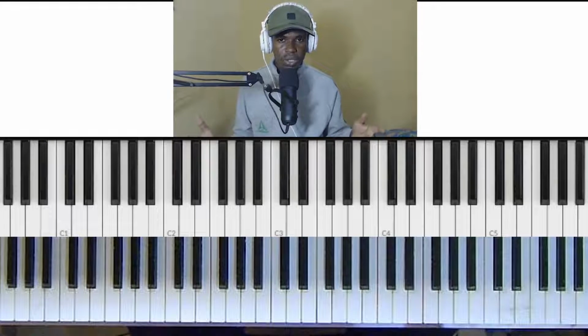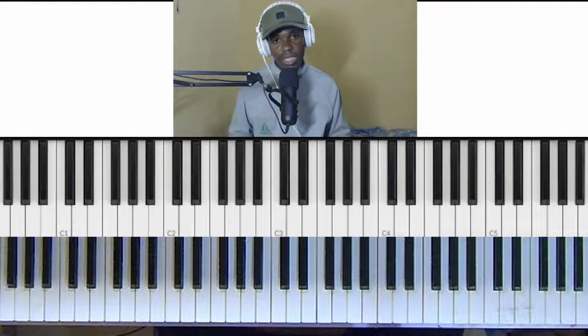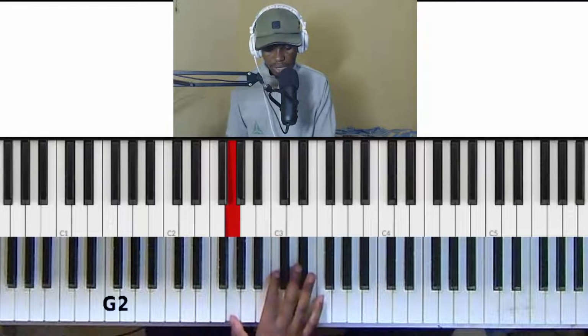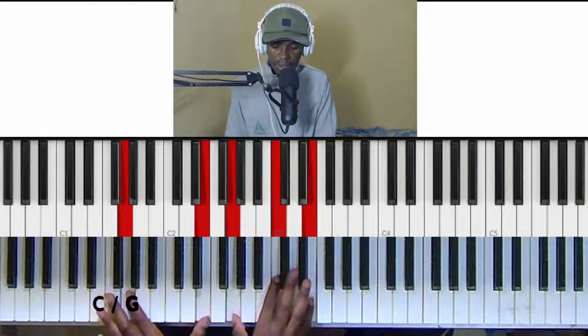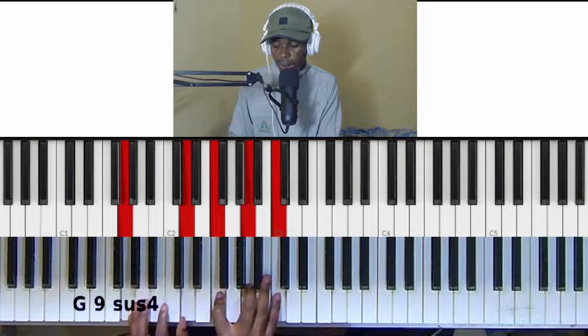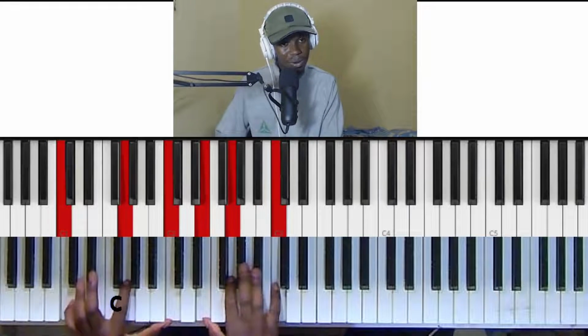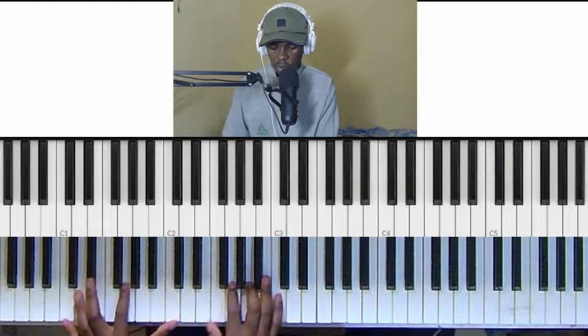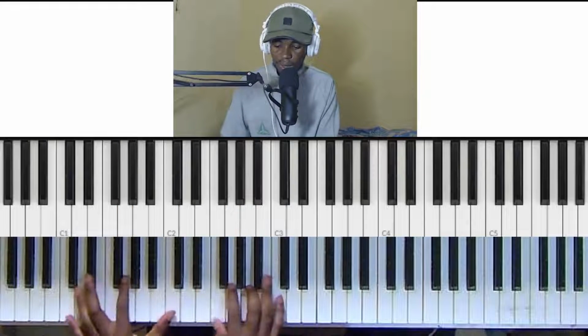You will definitely understand the difference. Now let's put these two concepts to the test using a simple gospel song. We'll start off with the secondary dominant, and then we're going to test the negative harmony. Starting off with the secondary dominant, let's use the song "We give you glory, Lord, as we honor you." I use the secondary dominant here, G going to the 1, as we honor you.